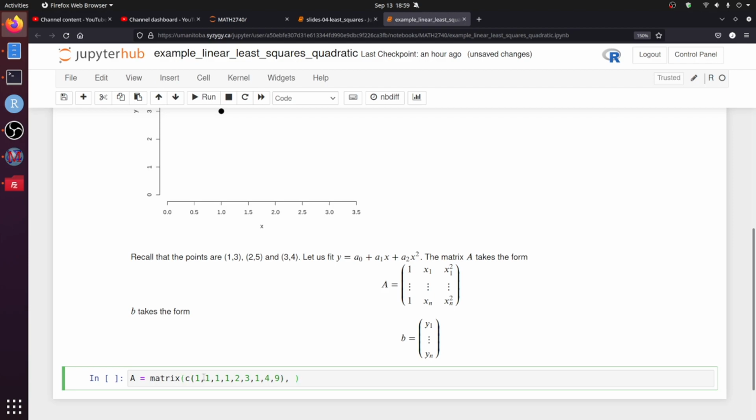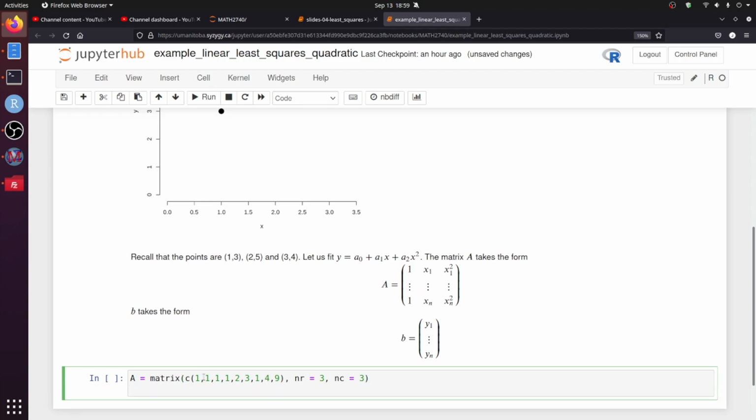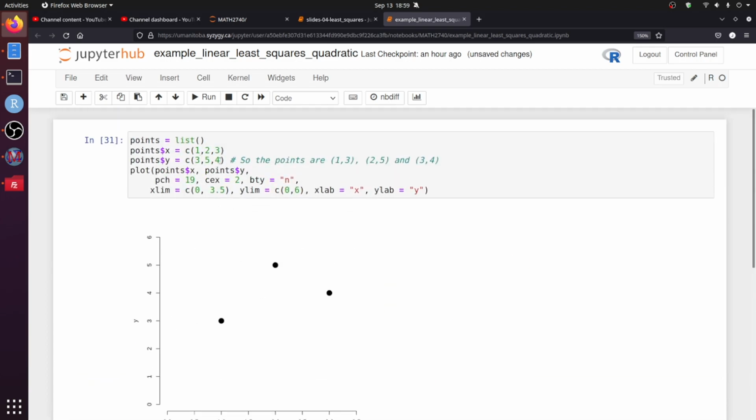And this matrix, you need to indicate this, has number of rows equals 3, and number of columns equals 3. The vector B is just a column vector that has entries the y values. So the y values are 3, 5, and 4.